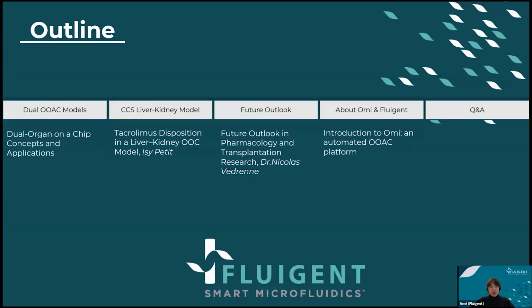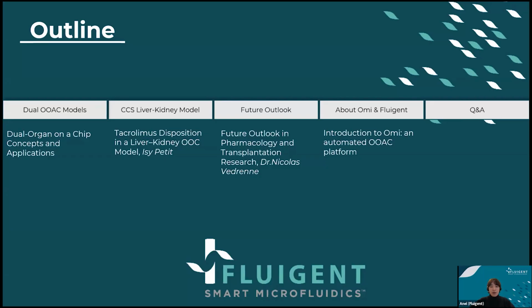In today's session, we will introduce the key concepts of dual organ-on-chip models, the concepts and applications. I will also give you a closer overview of a Fluigent Omi organ-on-chip platform designed to support long-term cell culture and control the microphysiological conditions. Then Izzy Petit will introduce a case study on tacrolimus disposition in a liver kidney model, where the Omi system was used for dynamic perfusion.